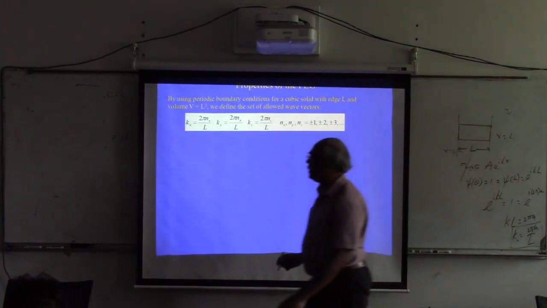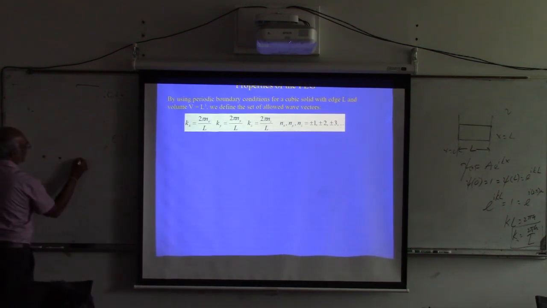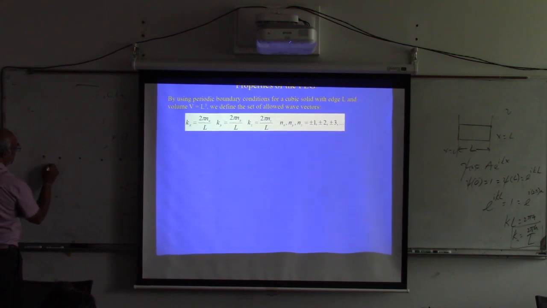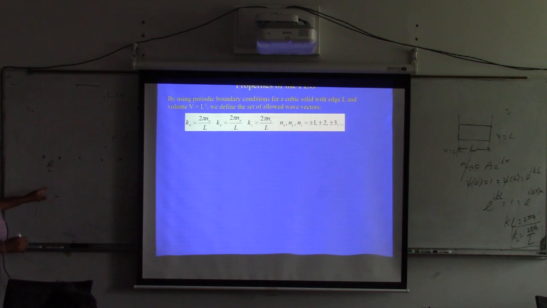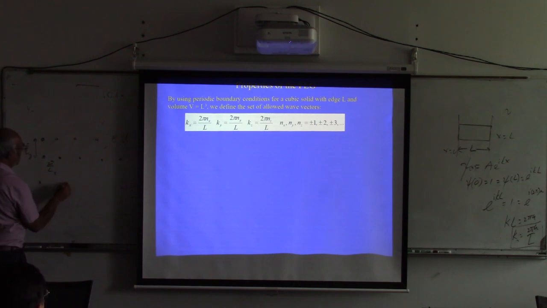So I can define all the points. The separation between each point in the one-dimensional case is 2π over L, because it's inverse, right? In 2 dimensions you have this direction as 2π over Lx and in this direction 2π over Ly. So this is your k space.